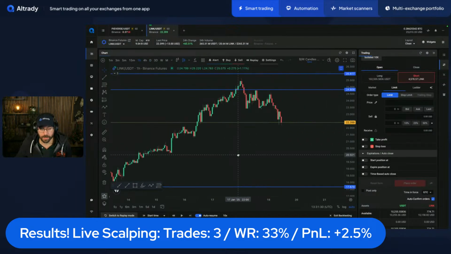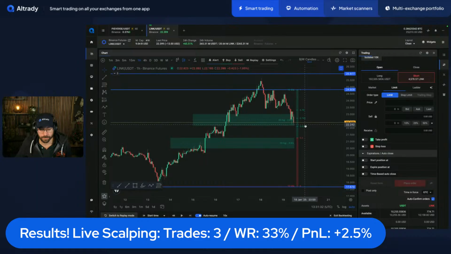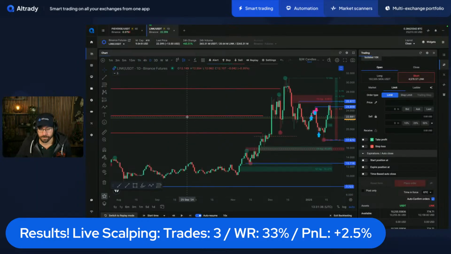Also, if you switch back to daily, this wasn't a shift yet, not the daily shift. It's pretty close to it, but it's hard to tell. It was a sweep.